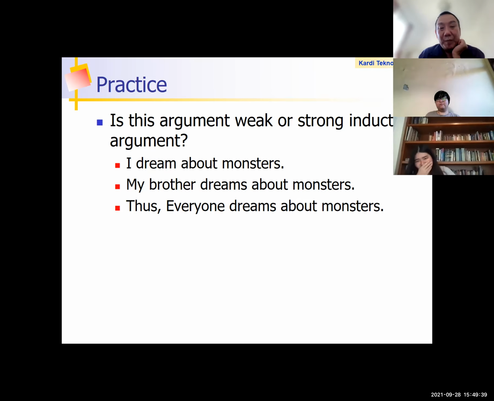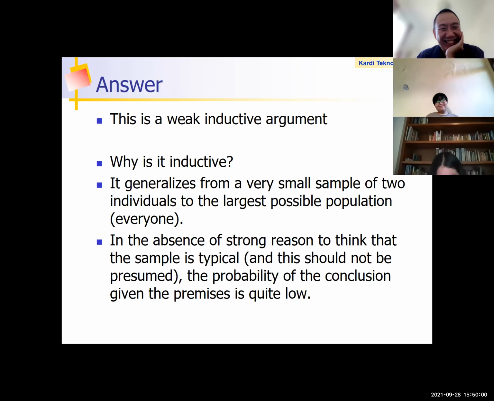Because it's only I and my brother. However, everyone is too many, billions. Therefore, 2 divided by billions is low. So it is a very small sample. Kenneth is very good.